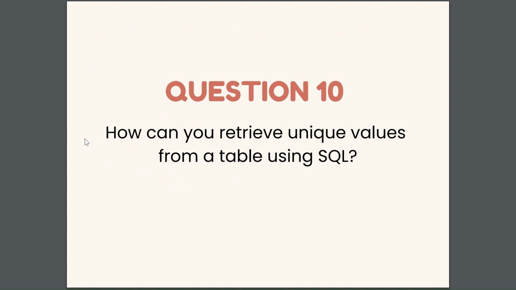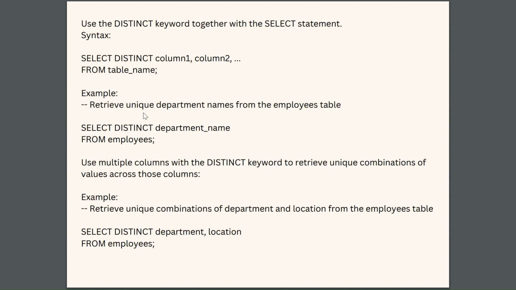And the 10th question is, how can you retrieve unique values from a table using SQL? In order to get unique records from a table, we can use the distinct keyword. The syntax is select distinct, and we specify the column names from which we have to get unique records, and after that we specify the table from which we have to retrieve those columns.